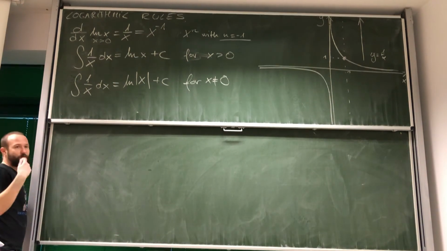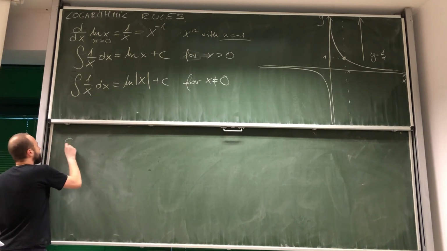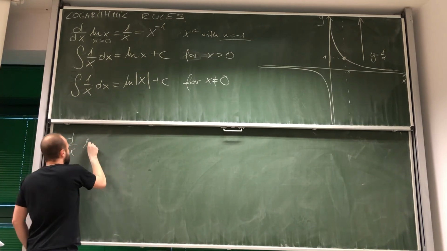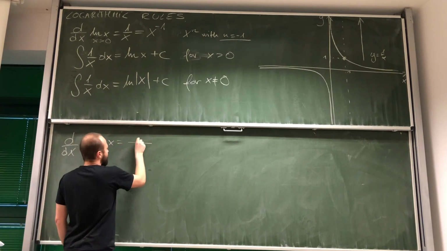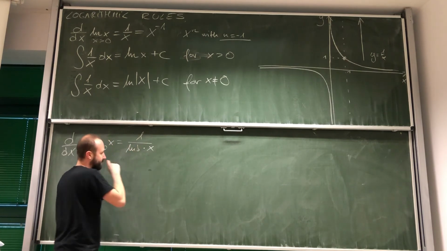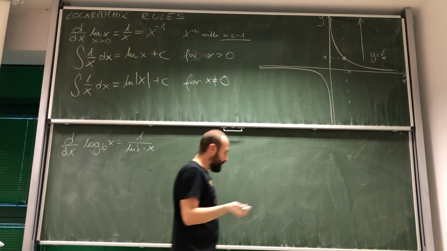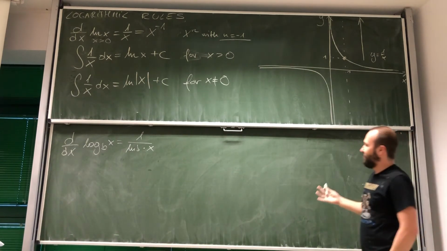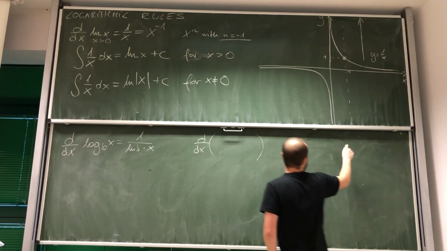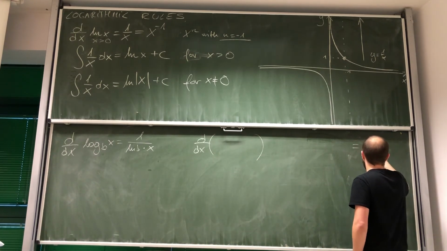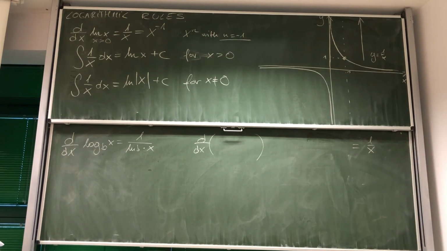So let's remind ourselves, what was the derivative of the logarithm with base b of x? That was 1 over ln b times x. So look, now what we are looking for is what function gives us the derivative 1 over x and is somehow associated with the logarithm base b of x.